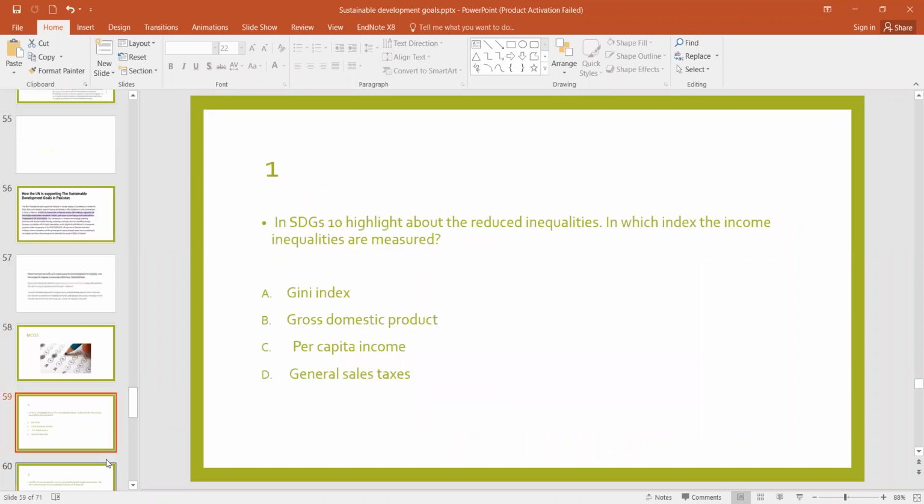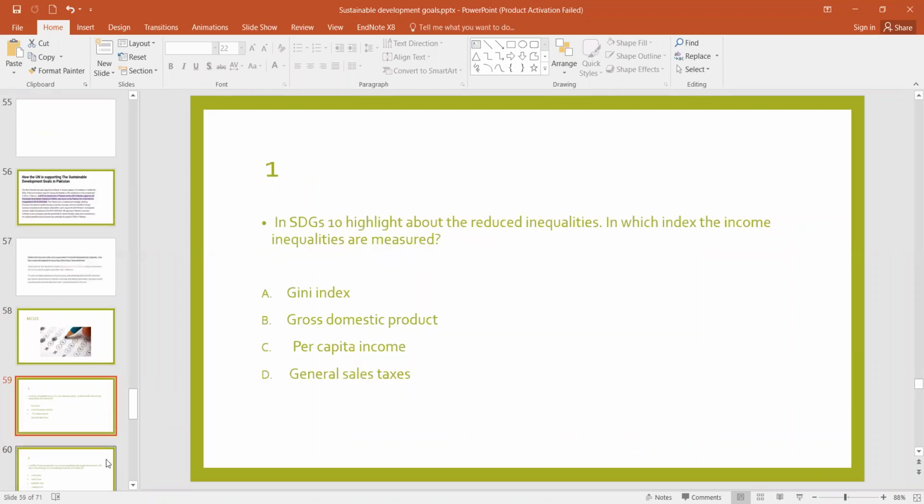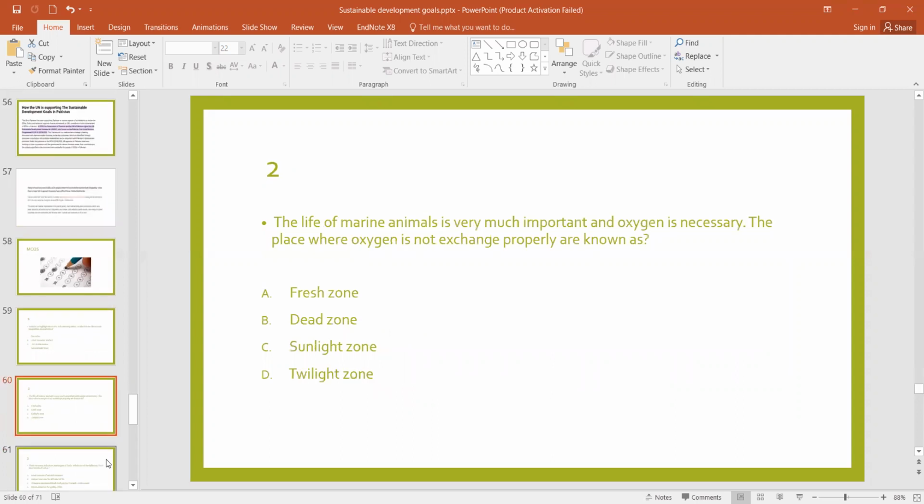MCQs time. Number 1: In SDG 10, which highlights reduced inequalities, in which index are income inequalities measured? Gini index, gross domestic product, per capita income, general sales tax. A. A is the right answer, Gini index.